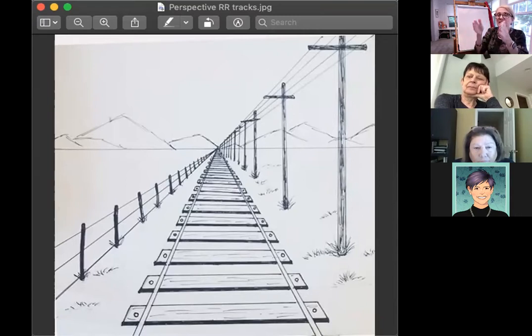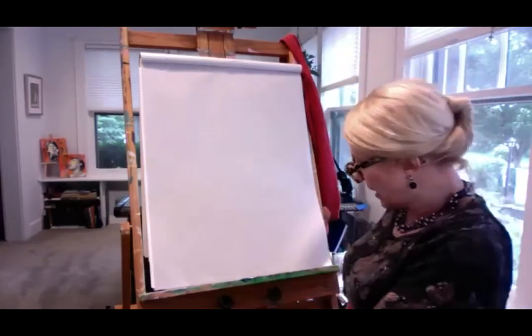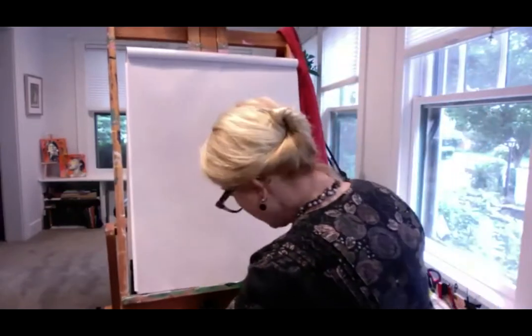We know they're going to stay parallel unto infinity, or until the end of the line. So this is what we're going to create, and I'm going to show you how to do it. Let me stop the screen share so I can start showing you on my easel.